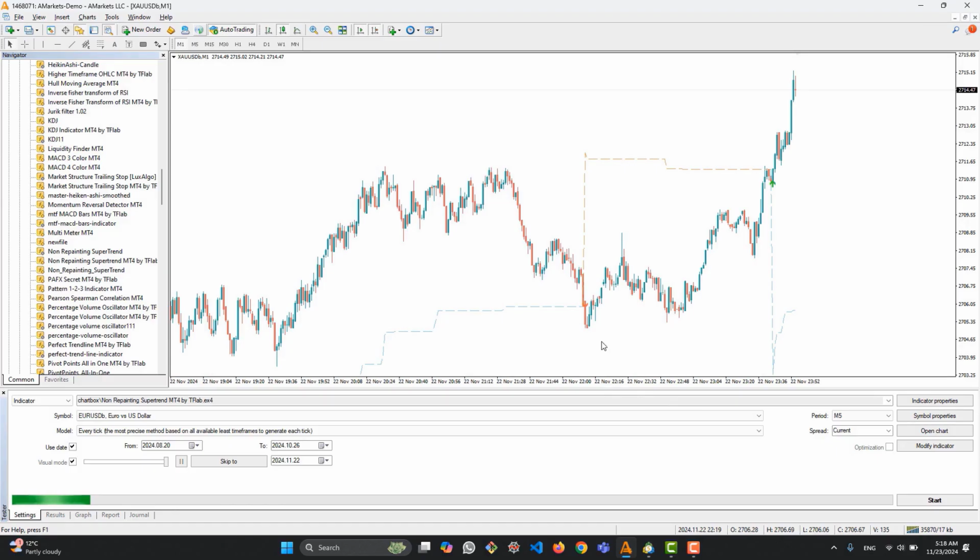Let's see a live test of this indicator on the MetaTrader 4 platform.